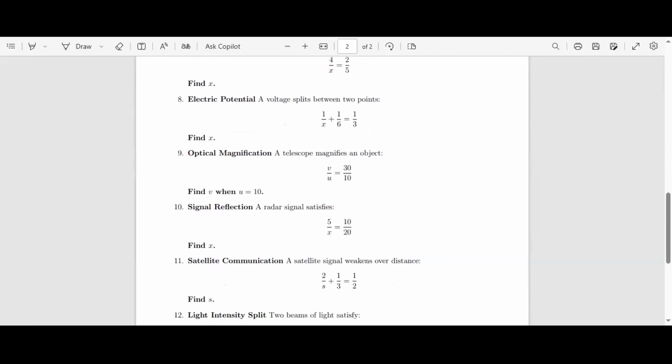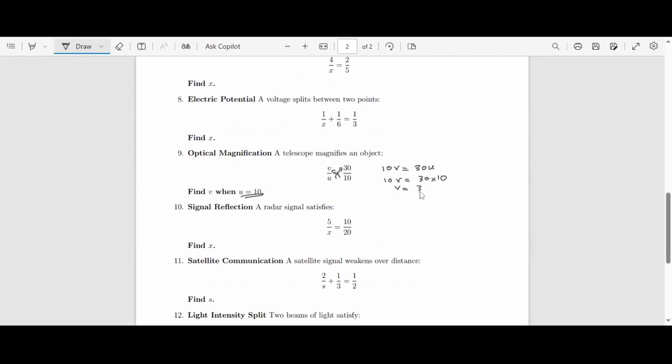In the ninth question, you also just cross multiply. So 10 goes to this side: 10v equals 30u. They've given that u is 10, so put 10 here: 30 into 10.